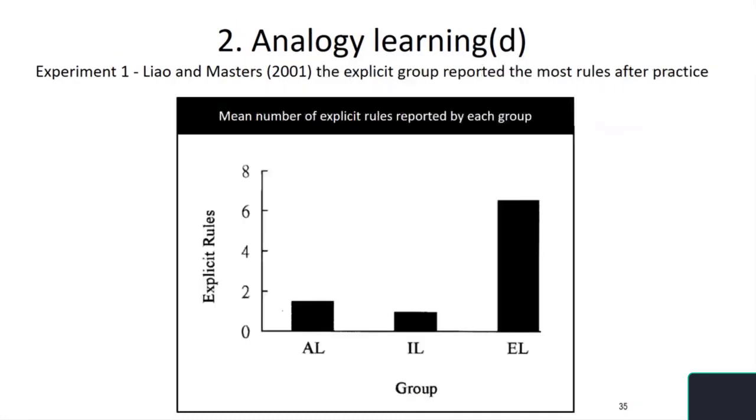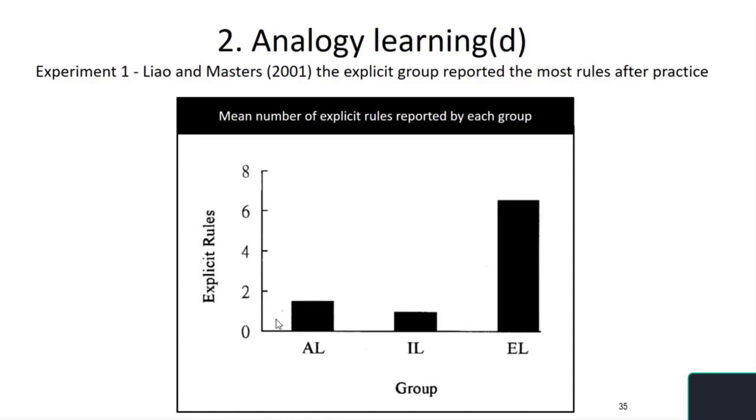So let's start with the verbal protocol because it's very important for showing that we have some implicit learning as opposed to explicit learning. The average number of verbalizable explicit rules for each group is shown on the y-axis, and each group is then presented along the x.